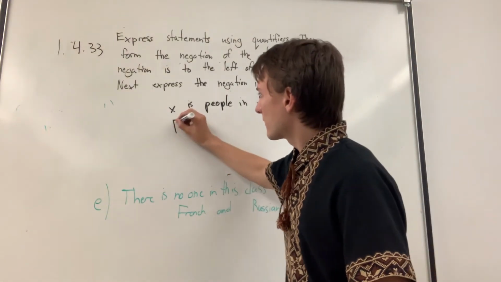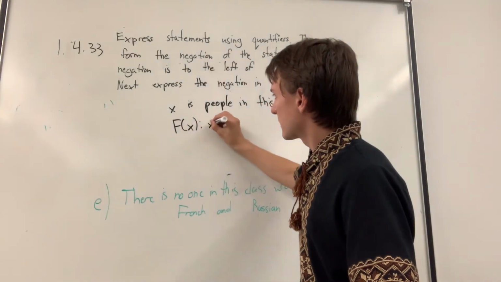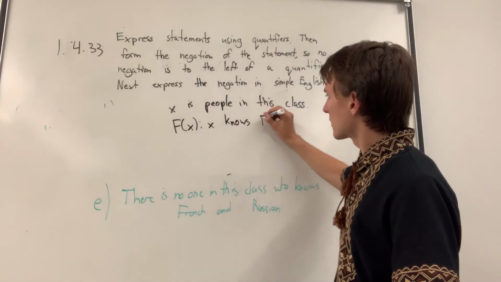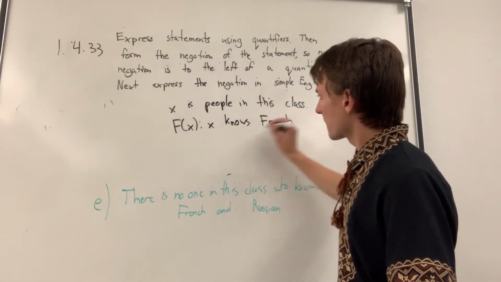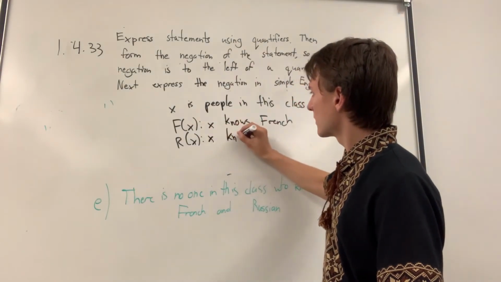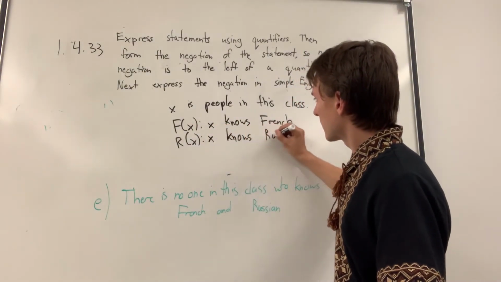Let's say that F of x is defined as x knows French. R of x will be defined as x knows Russian.